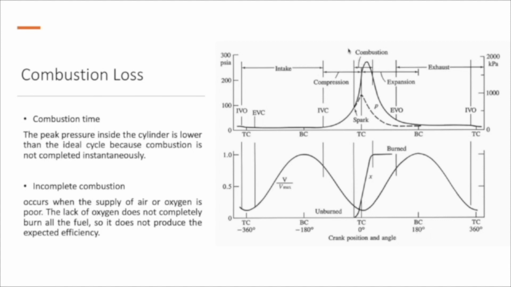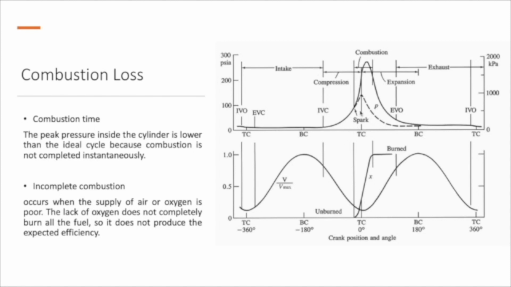I'm going to focus on this area, the combustion area. Combustion typically starts 10 to 40 crank angle degrees before TC, which is top center, and is essentially complete 30 to 40 after TC. Peak pressure occurs at about 13 to 15 after TC.